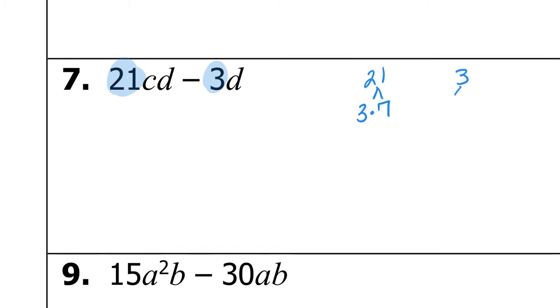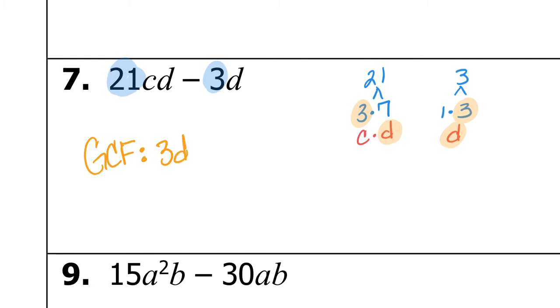And 3 factors down into 1 times 3. My 21 has the letter C and the letter D, and my 3 only has the letter D. So if I look for everything they share, they both have the number 3 and they both have the variable D. So my greatest common factor in this expression is 3D.